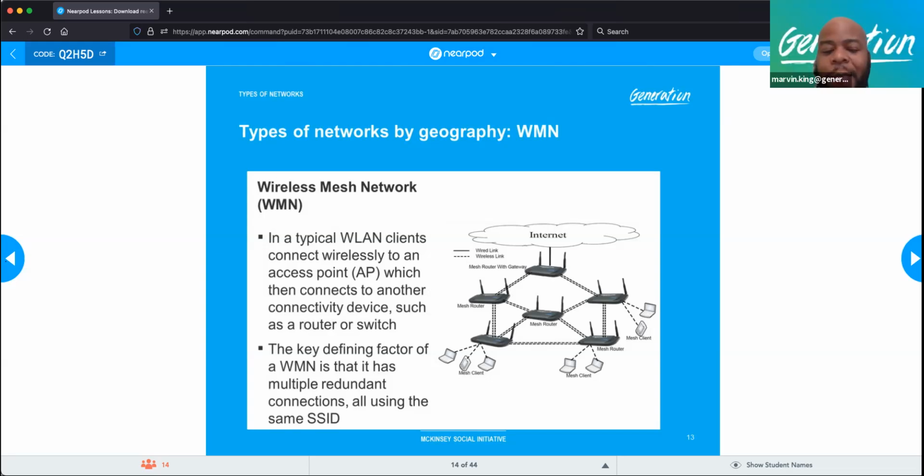Now, Jimmy, at my house right now, I have fiber from AT&T. AT&T gave me a wireless gateway. If I wanted to just use that, I should be able to get good coverage throughout my house. But towards the back of the house, it wasn't picking up. So what I did, I purchased some through Linksys. I went to Walmart and they were on sale.